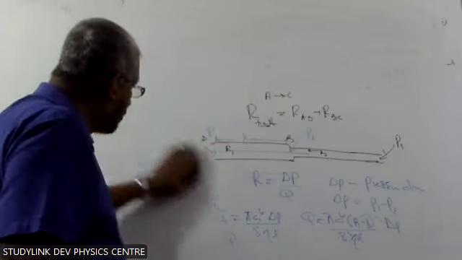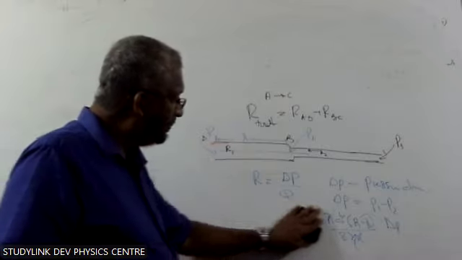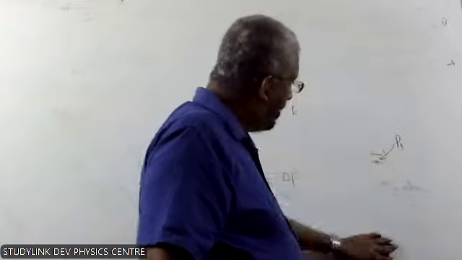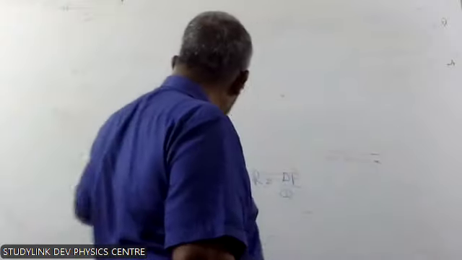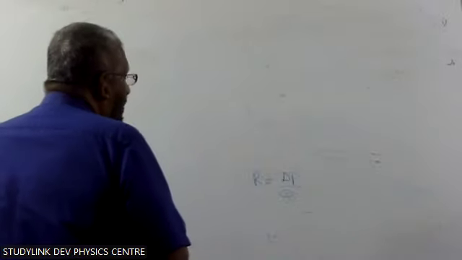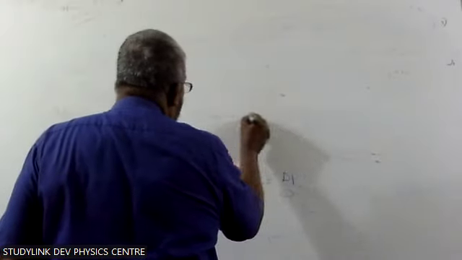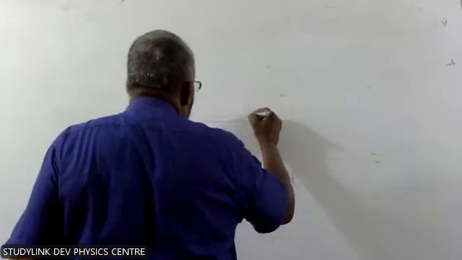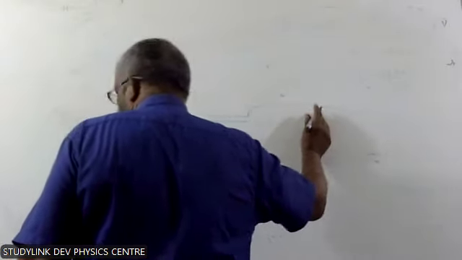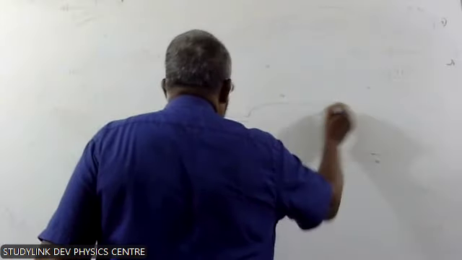This equation should be given like that. We'll see there are three pipes connected like this. 3 or 4, whatever the amount. We'll consider one tube.